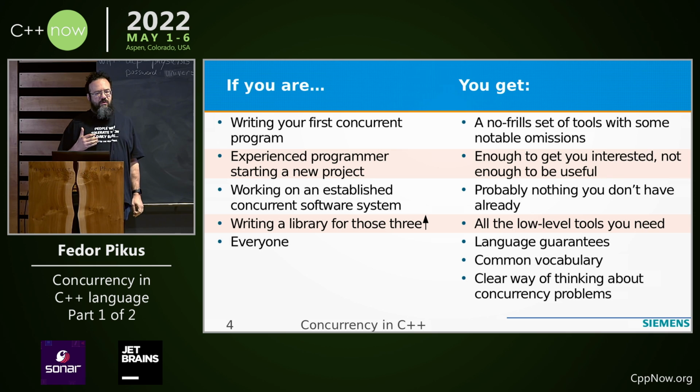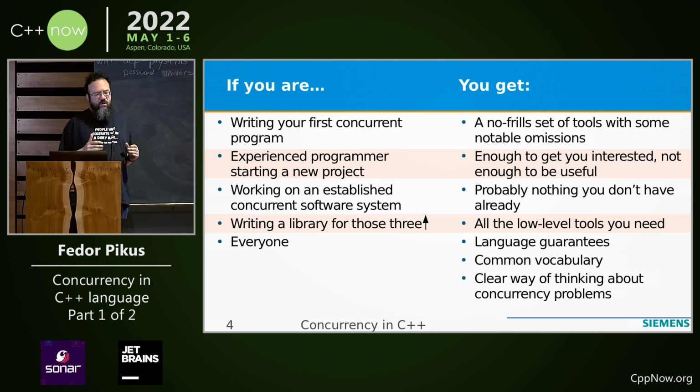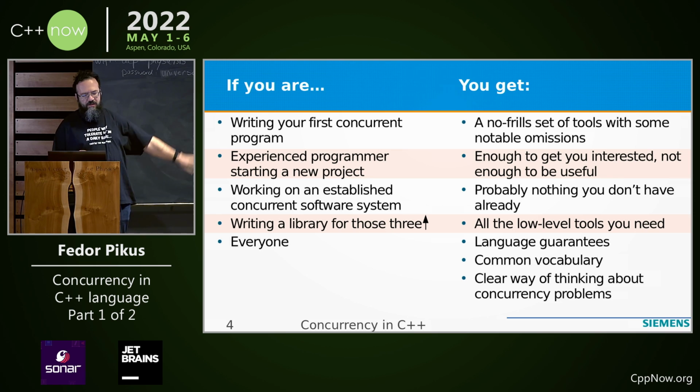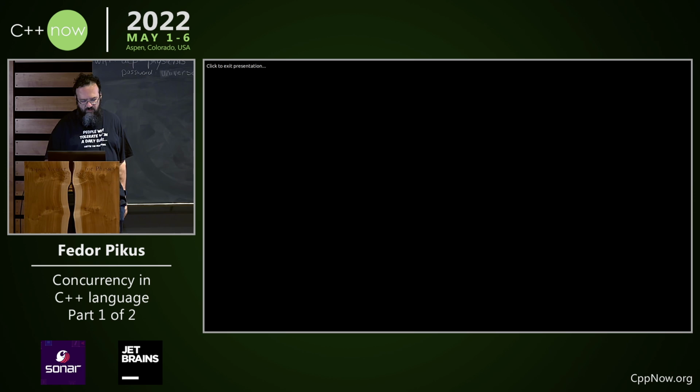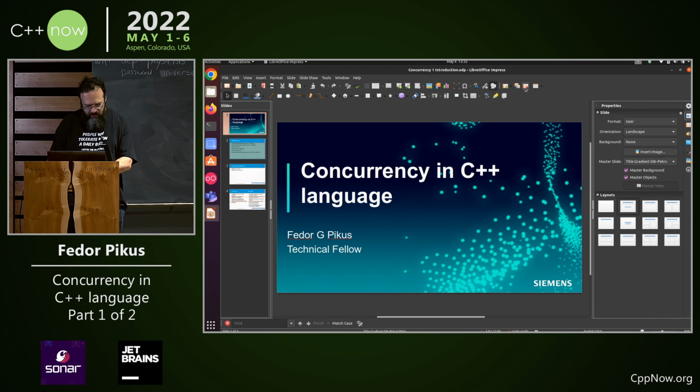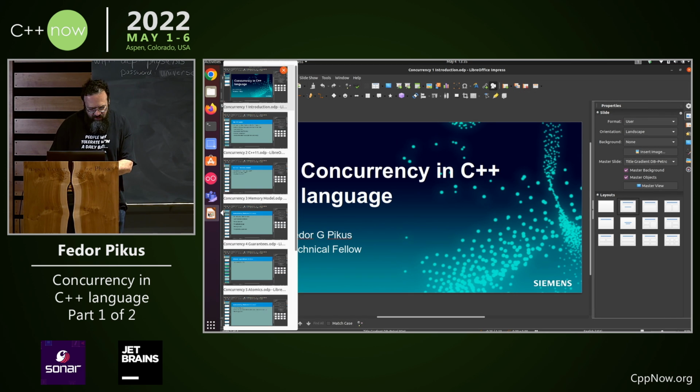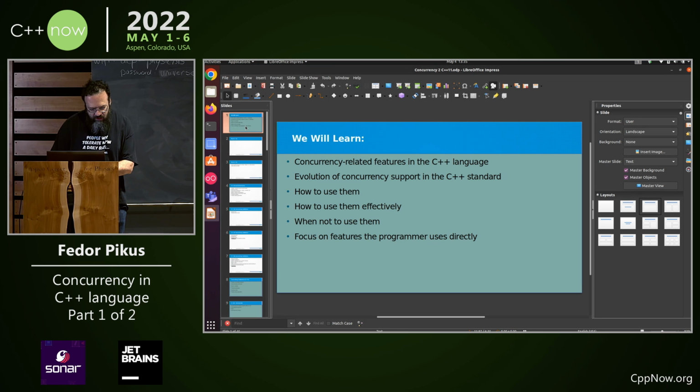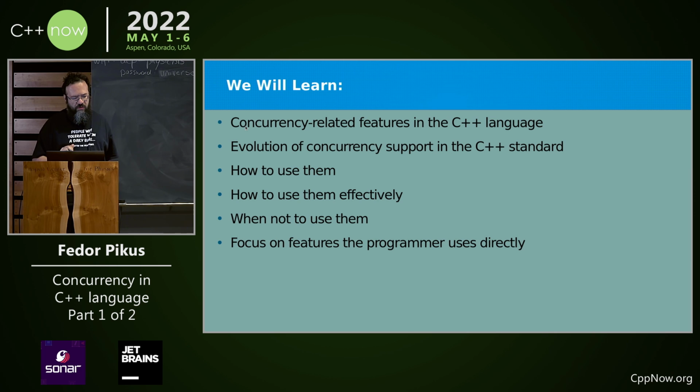So when you discuss your concurrent designs with other people, you have a common starting point. A lot of the presentation will actually be on those last three items on the slide.